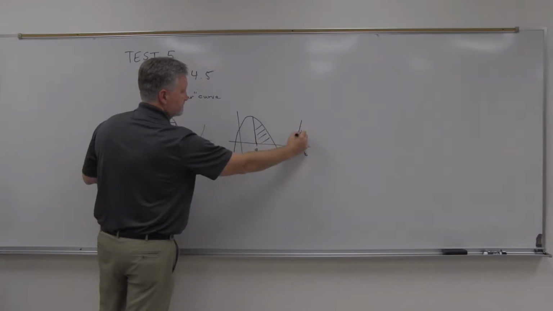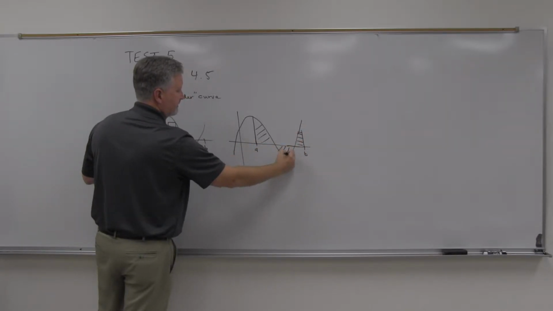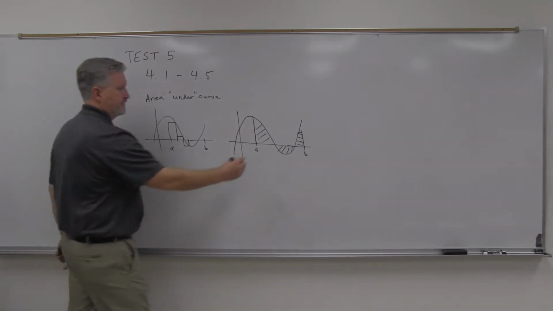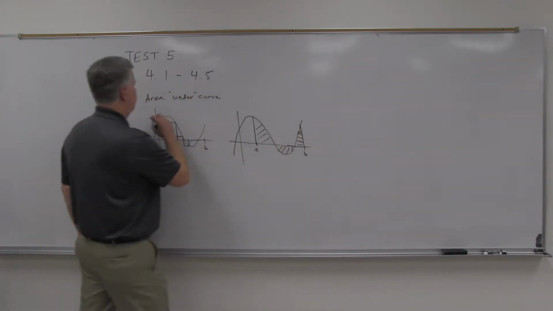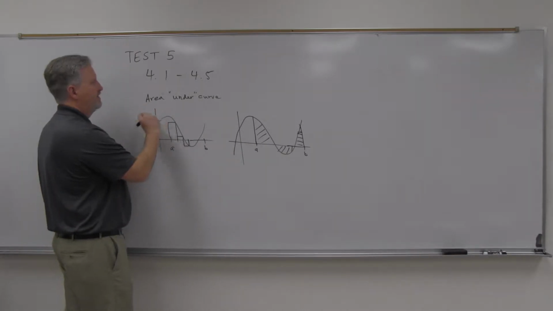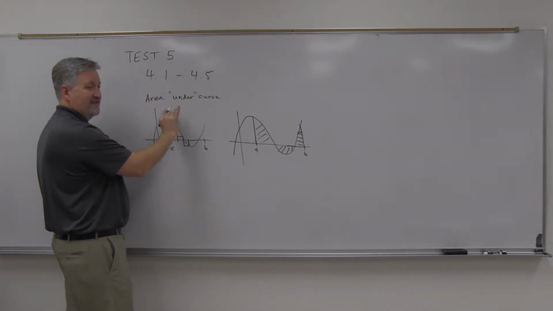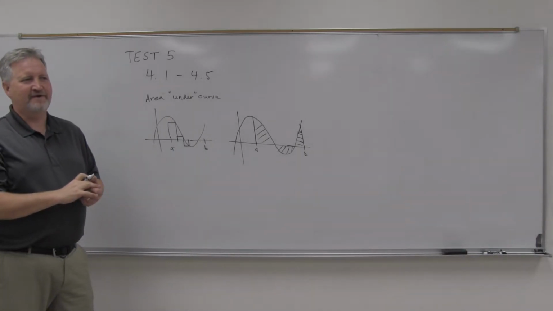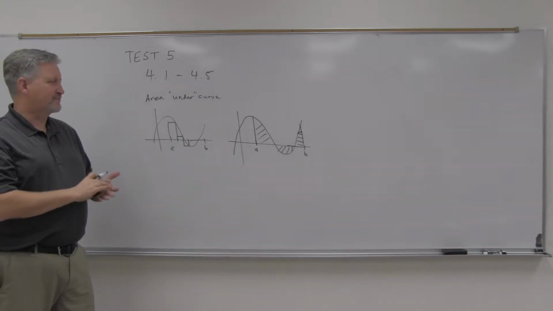In my little example here, that would be the area I'm approximating. So it's a net area, and it's between the curve and the x-axis. When we say area under the curve, that's just our shorthand way of saying all that. But that's what it means.